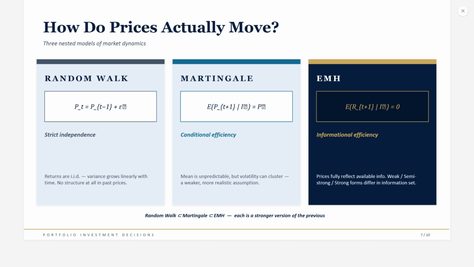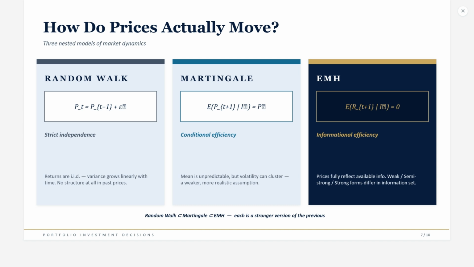Also, there is the martingale, which shows conditional efficiency, and the mean value here is unpredictable. But volatility can cluster, a weaker, more realistic assumption. In the case of the random walk, returns are IID, variance grows linearly with time, and we don't find any structure at all in past prices.